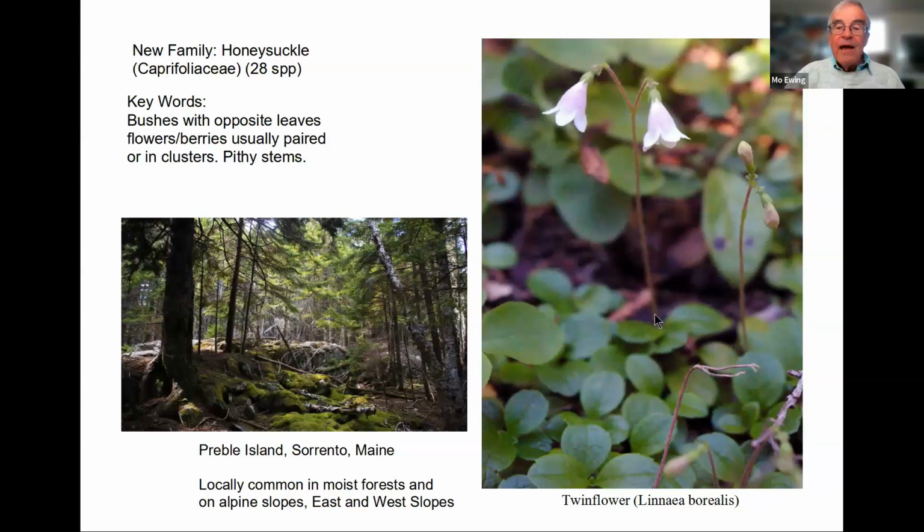And they have pithy stems. This looks like an herb, but it's actually an evergreen subshrub. It's woody on the bottom, so it really is a shrub, even though it's really, really small. A beautiful little flower that in Maine blooms in the spring.